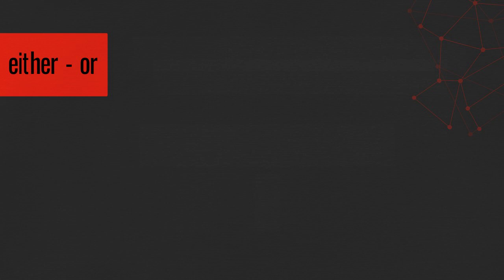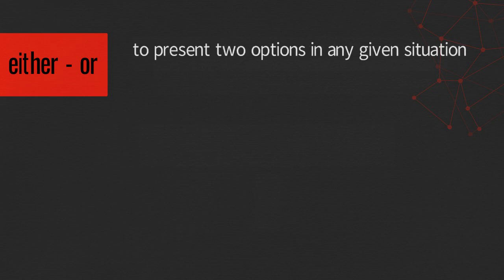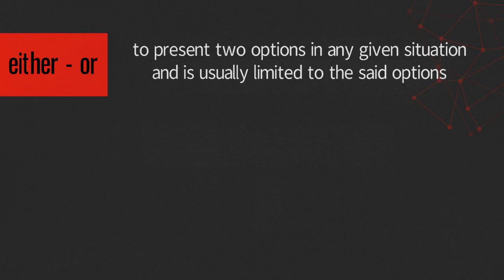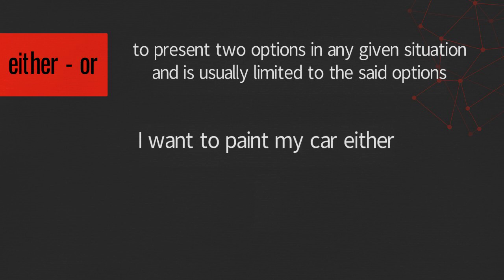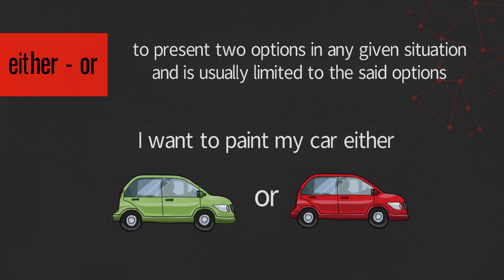This correlative conjunction is used to present two options in any given situation, and most of the time, the situation is limited only to the two said options. A simple example would be as follows. I want to paint my car either green or red. Very straightforward, isn't it?